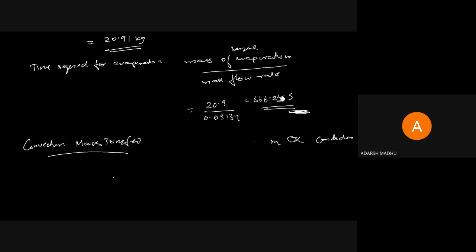What was convection heat transfer? A stationary body, a particular element is here, and with the help of air, forcefully or naturally, heat is transferred. If it is forced, we use a blower to move the heat through the surface, and the substance transfers that amount of heat to the surroundings using this air.